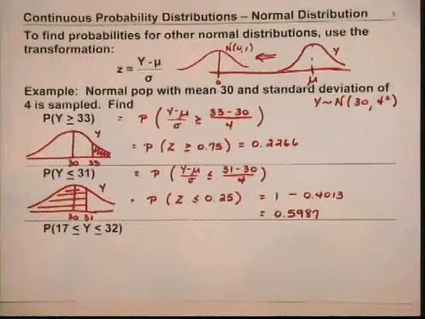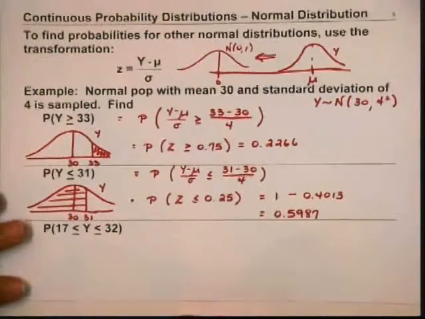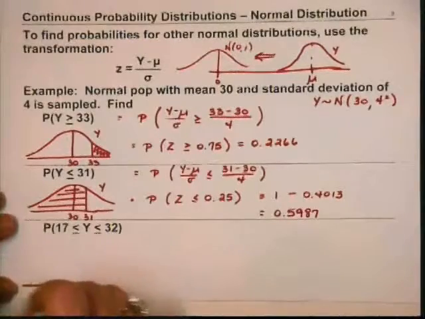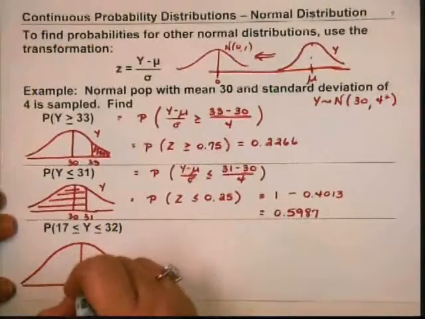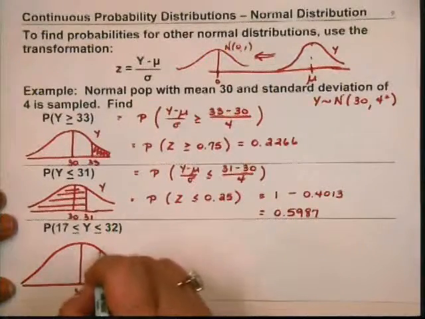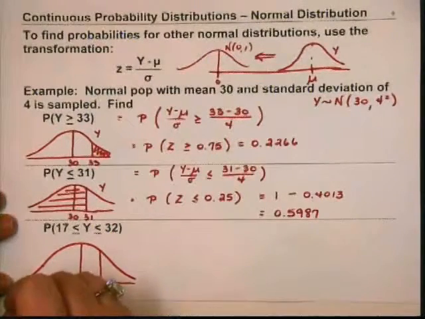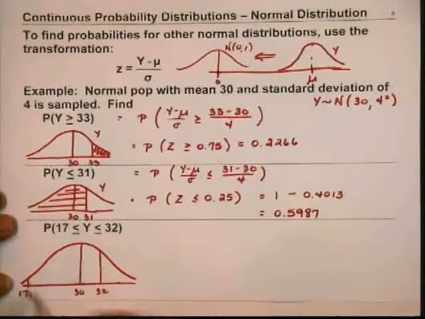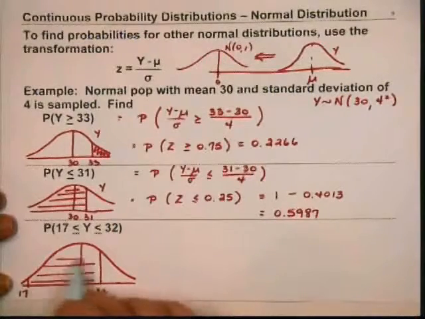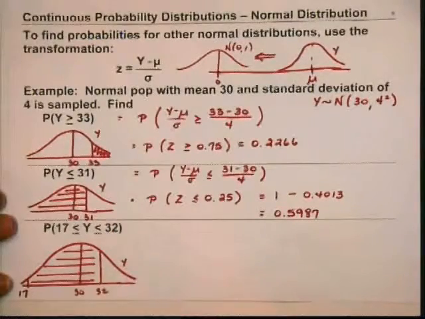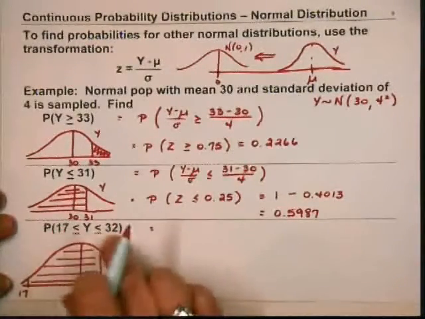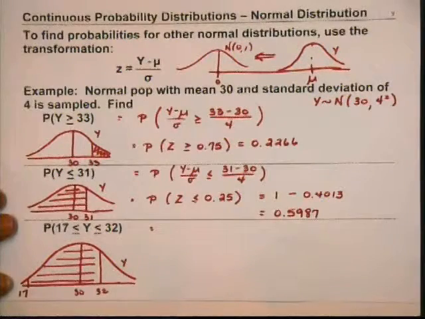What's the probability of seeing a value for a random variable y between 17 and 32? I'm looking for this area. We need to transform both 17 and 32 to standard normal scores.